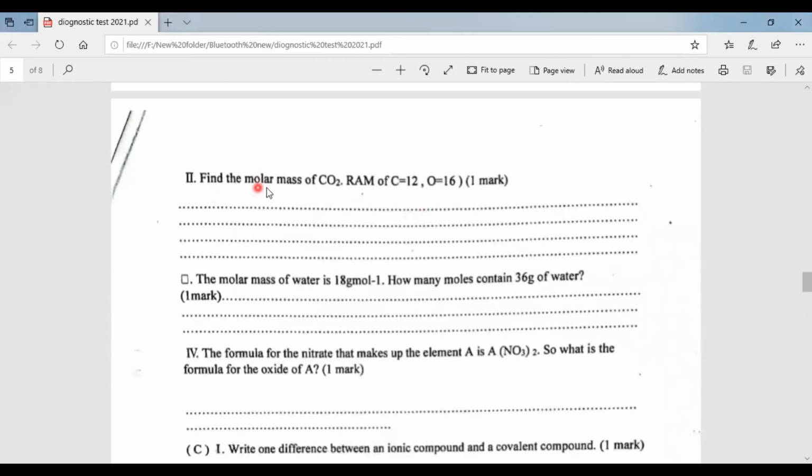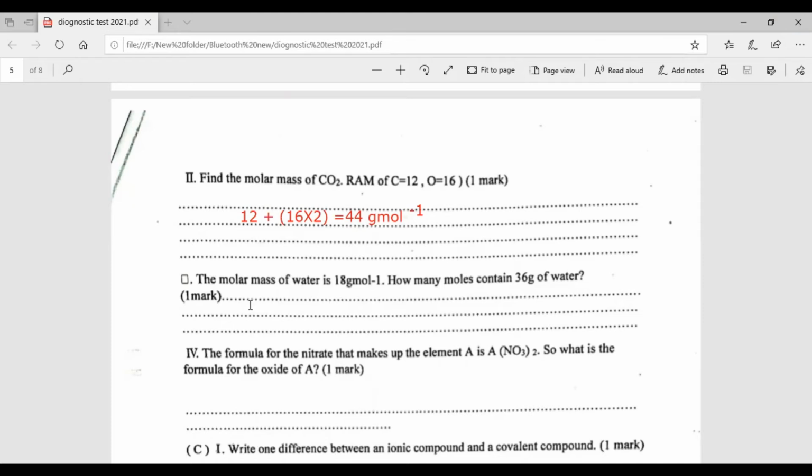Second one, find the molar mass of carbon dioxide. Like in the previous one, 1 carbon is here, so 12, plus 2 oxygens, so 16 into 2. The answer is 44 grams per mole. The molar mass of water is 18 grams per mole. How many moles contain 36 grams of water?